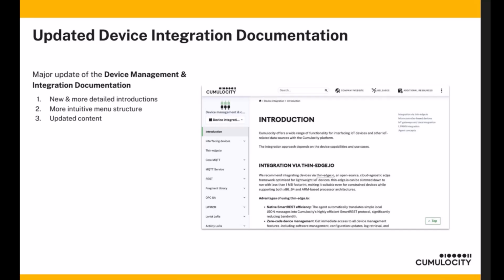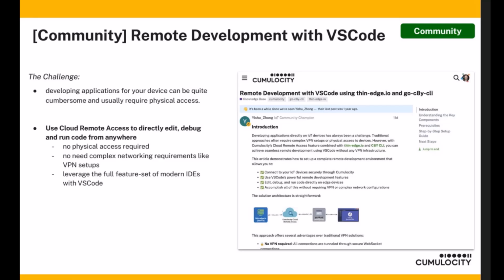But there is also information, like Rahul already shared, beyond the documentation in our tech community. There too, we are trying to provide more and more articles and concepts to make it easier for you. So that's just one new example where we showcase how you can do remote application development for your devices without physical access, using both our cloud remote access functionality in combination with VS Code.